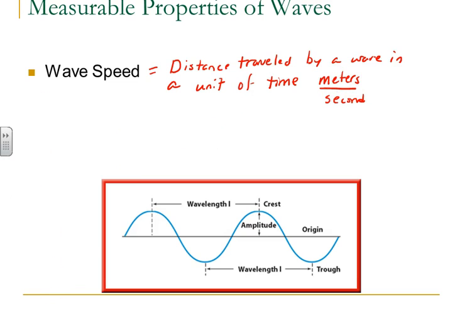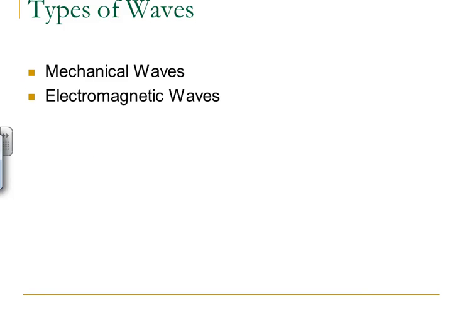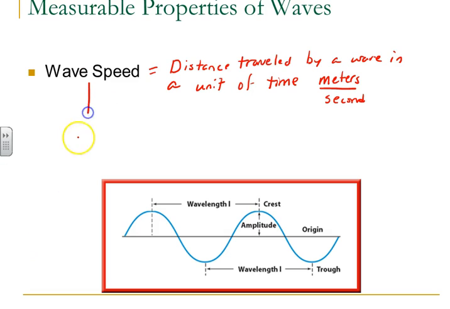The equation for this, wave speed, general wave speed is V, is equal to distance per time.